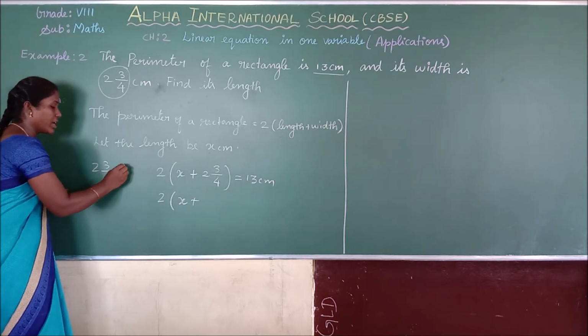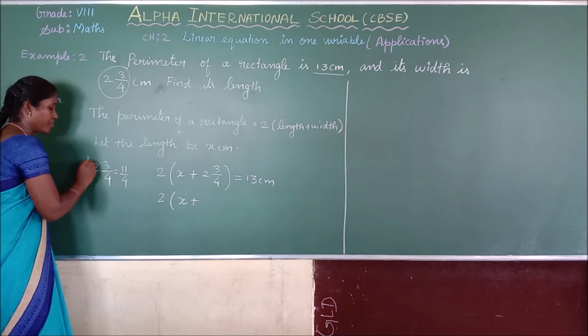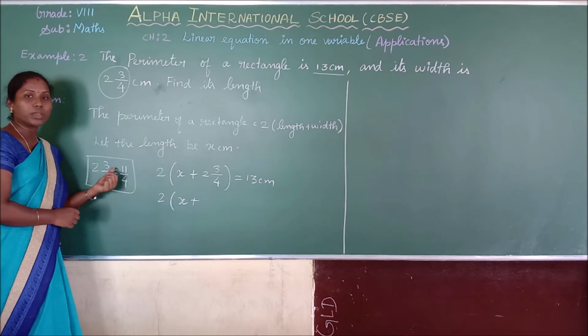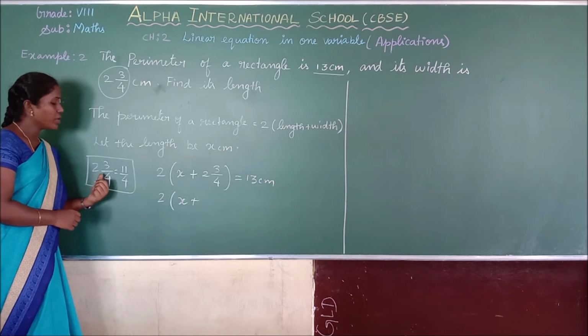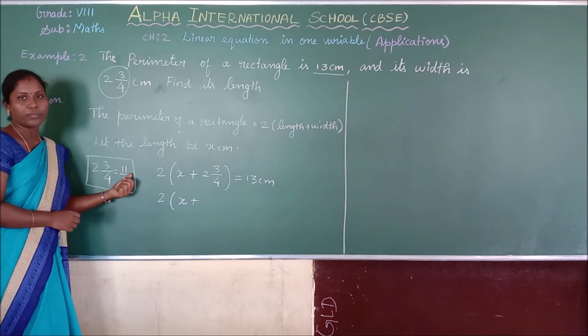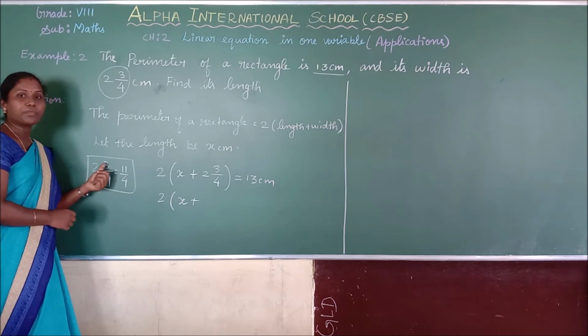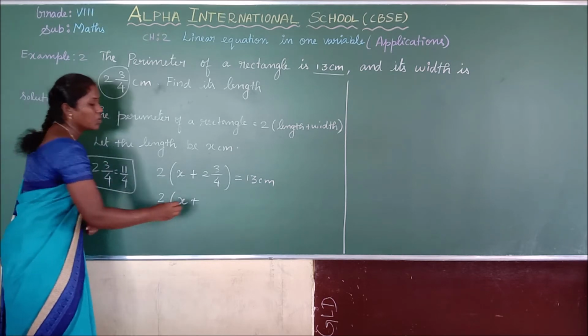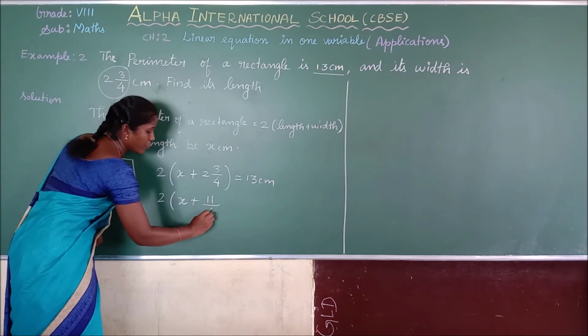So we write it as 11 by 4. Since it is given as a mixed fraction, we are not able to solve the problem as it is, so we change it to an improper fraction, that is 11 by 4.